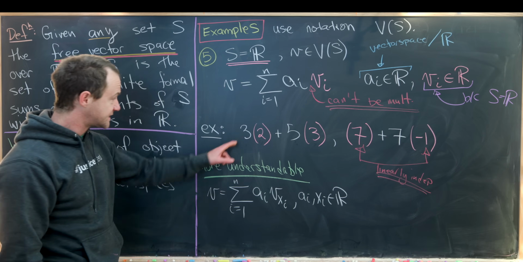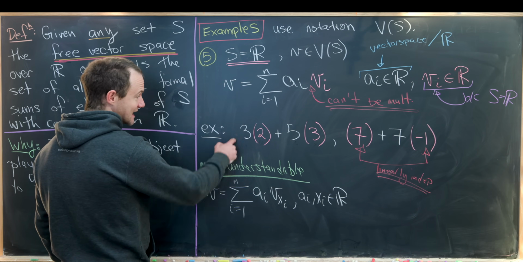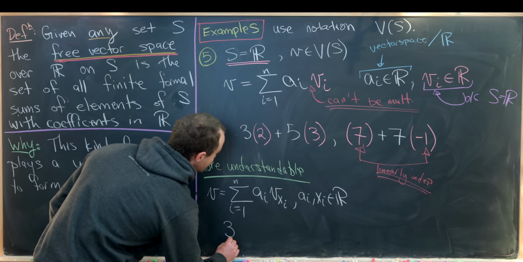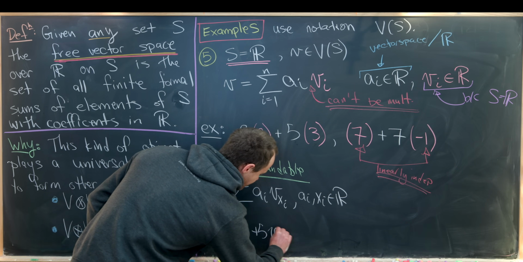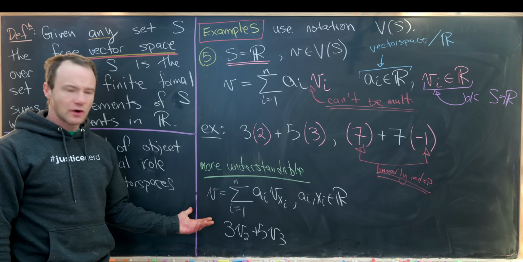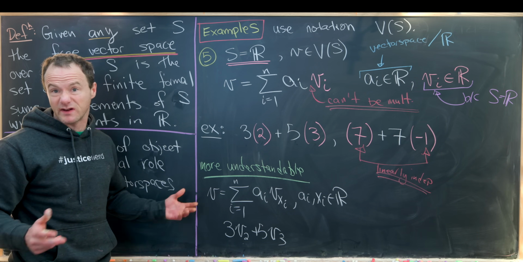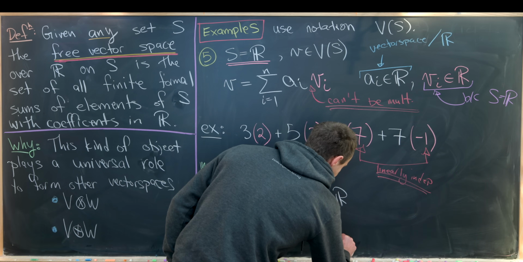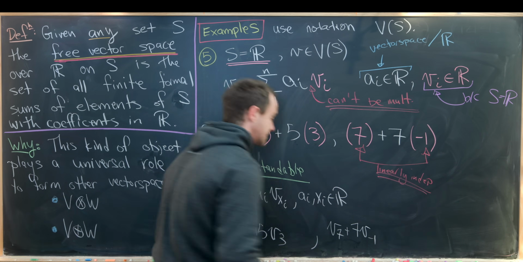So now these exact elements in this set maybe take on a kind of nicer form. So this would be 3v_2 plus 5v_3. And written like this, there's no real worry about trying to add those two things together because v_2 and v_3 look different. Now let's go over here, and this would be like v_7 plus 7v_{-1}.